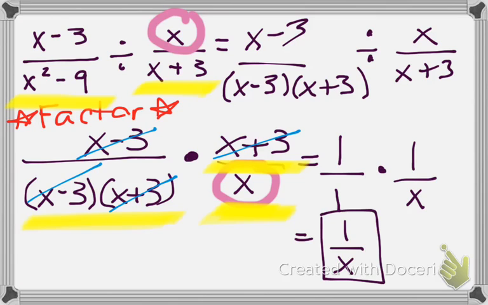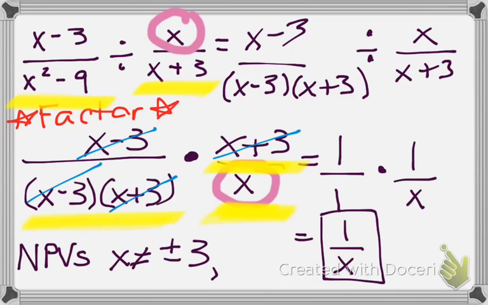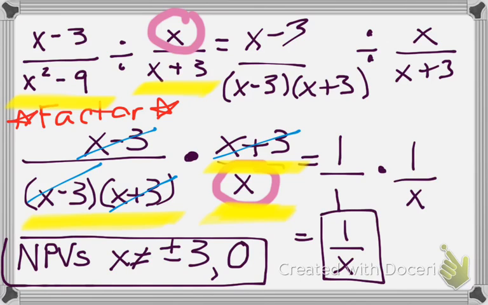I always want to look at the NPVs from before I simplified. So if I look at my NPVs, I know that they have to include that x cannot equal positive or negative 3 as well as 0. So I'm going to have to look in 3 places now. In some questions, I'm going to have lots of NPVs.